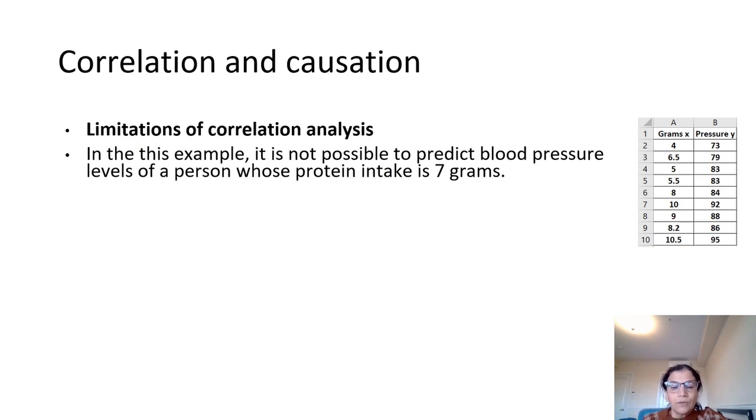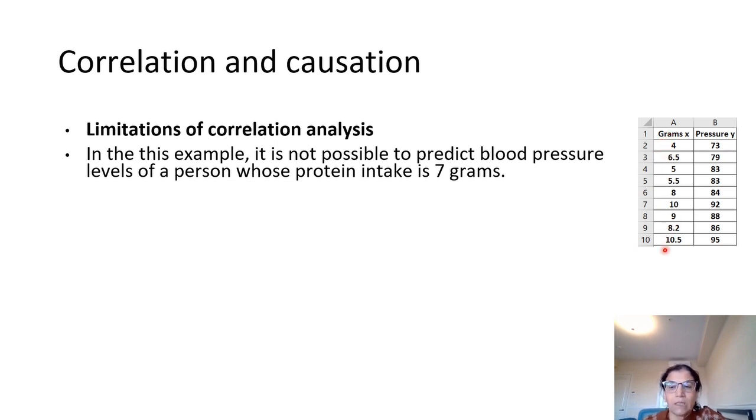So we have understood how to do the correlation analysis using Excel. We have to understand correlation and causation. These two are different terms. So let us understand limitations of correlation analysis. If you look at the data set, you have values starting from 4 to 10.5, but the value 7 is missing.